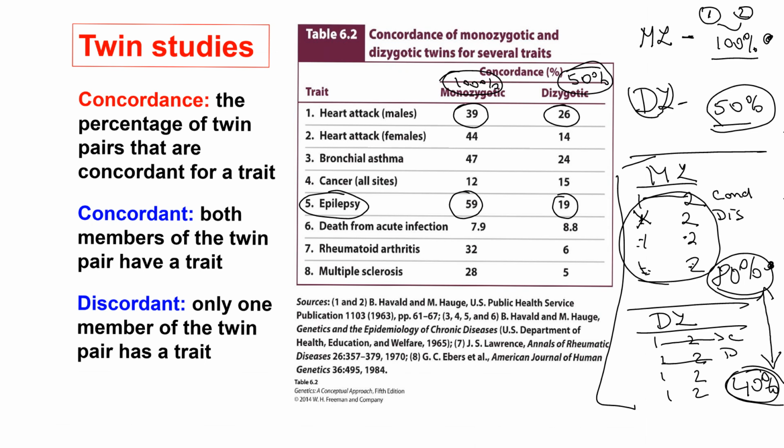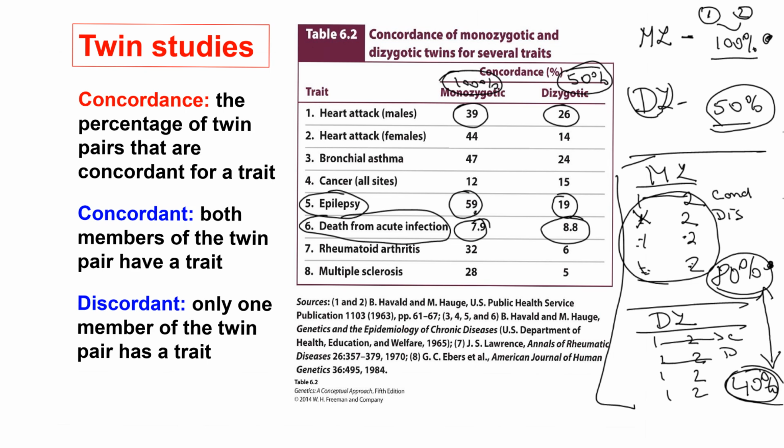What you would say here is that there is some genetic predisposition, so genes play a role in this disease, but there are some environmental factors which also affect it, so it's mixed. If, on the contrary, you compare acute infection, you see that both are similar, so there is no genetic link. It's always environment which plays a role.